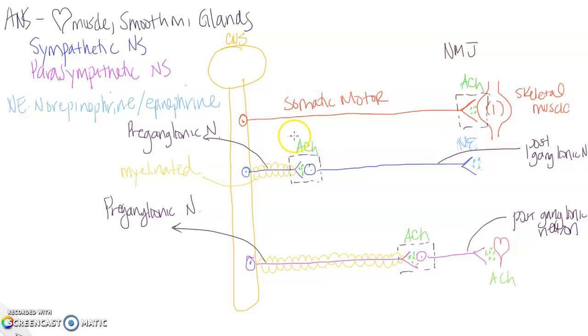Now, at the effector, so this is organs here. At the effector, the effects of the neurotransmitter can be, well, if we back up, at the ganglia, where acetylcholine is the neurotransmitter between the pre and the post, it's always going to be stimulatory.